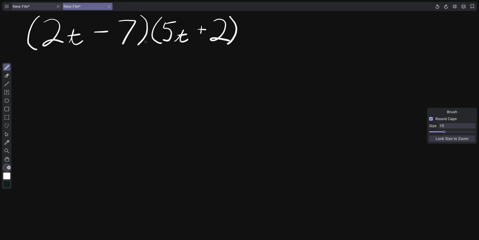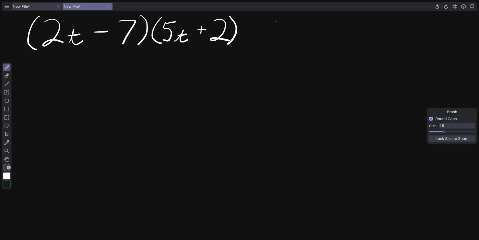So you may not always see x here as the variable, but you'll generally see some kind of letter, and it doesn't have to be x. So in this example, we're going to use t, and we'll use the same process of multiplying these two binomials.